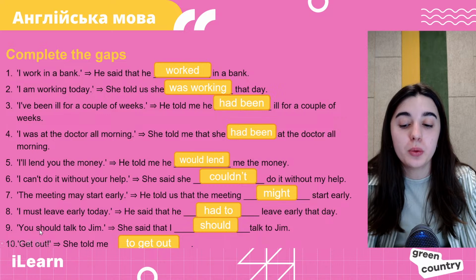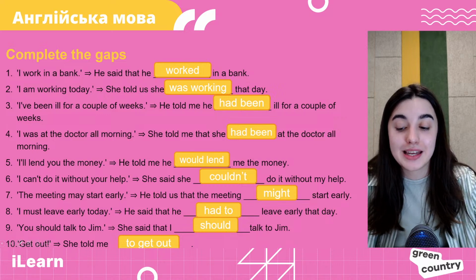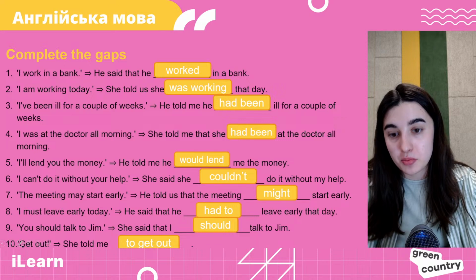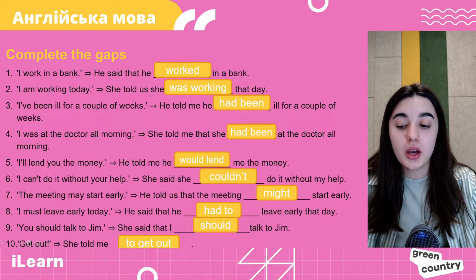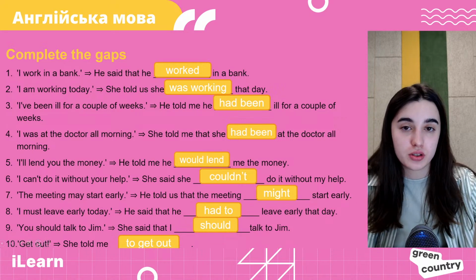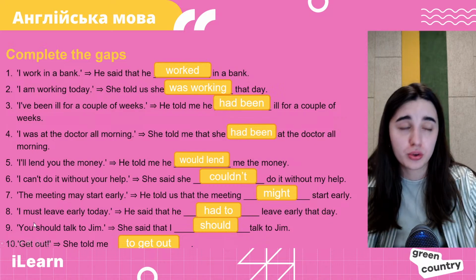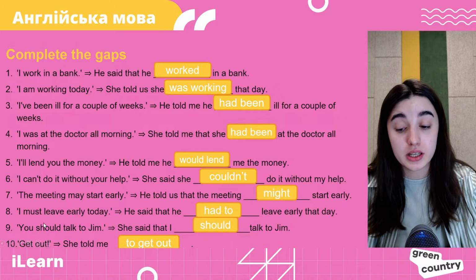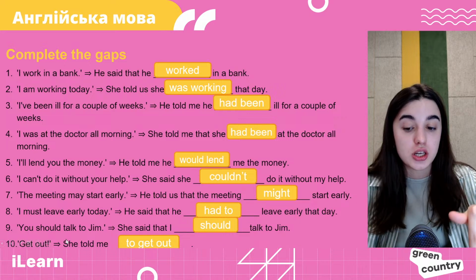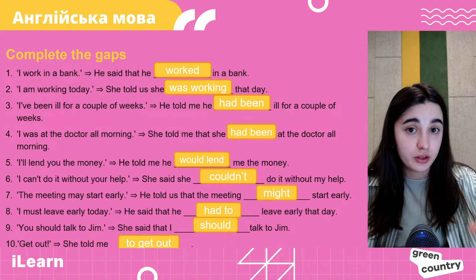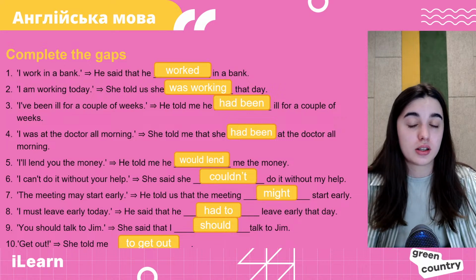Okay, so when we are talking about the imperative sentence, you can see it's different, as we don't have a subject and a verb. And when we have imperatives, наказовий спосіб, like get out, open the door, close the window, and etc., you just say she said or she told me to, and just infinitive.